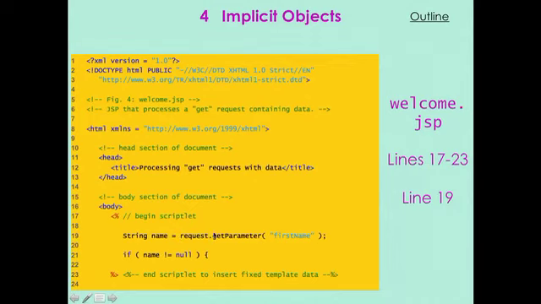If you remember, this request object was accessible in the servlet because it was part of the parameters of the method itself, while here I have no declaration of the doGet or the doPost. But because it is an implicit object, we can have access to it within a JSP.